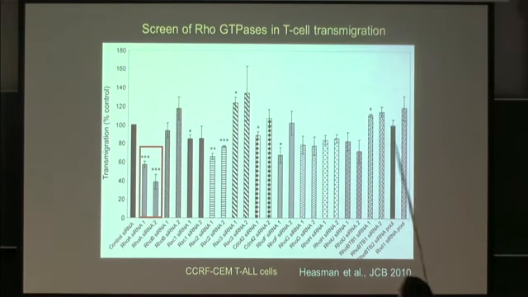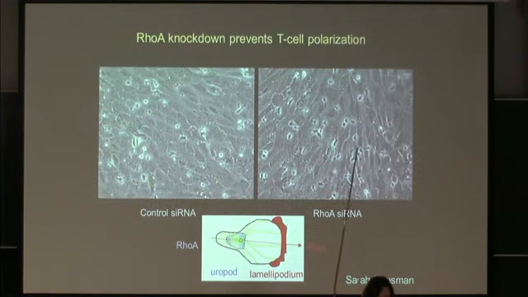The other ones, so we had two different siRNAs that targeted different regions of the messenger RNA. And this makes sure that you're really being specific. So for Rho A, we had the strongest phenotype in reducing the ability of the cells to cross the endothelial cells. So the question is, how is this working?